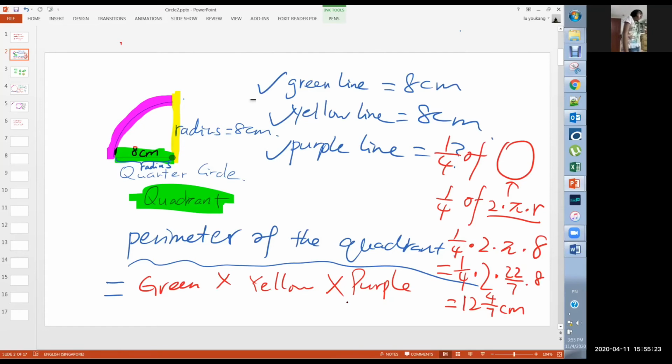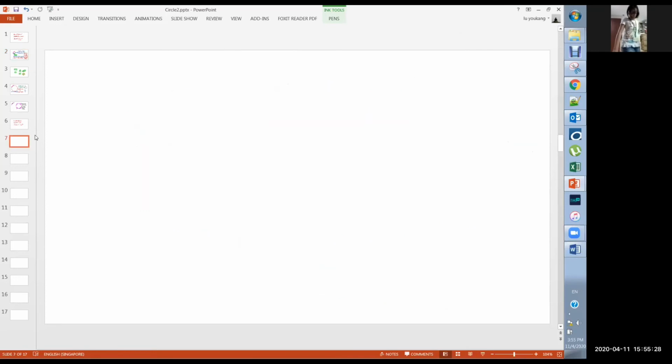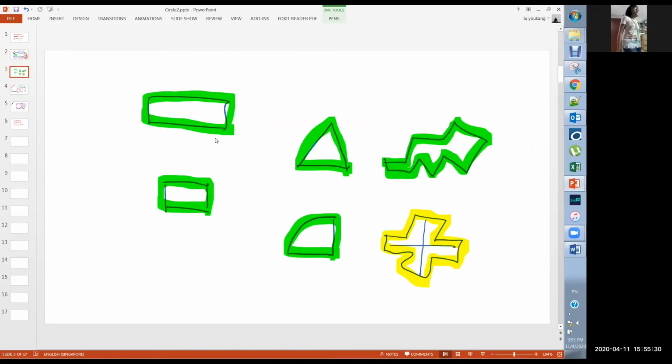Yes. Times. Okay. Then just now, how do you find the perimeter of this one? Then plus. What do you use? Plus. Then how do you find the perimeter of this one?